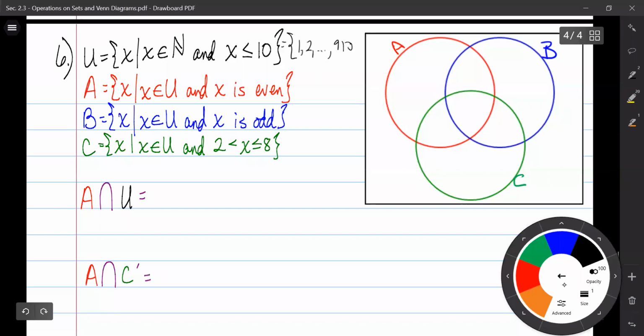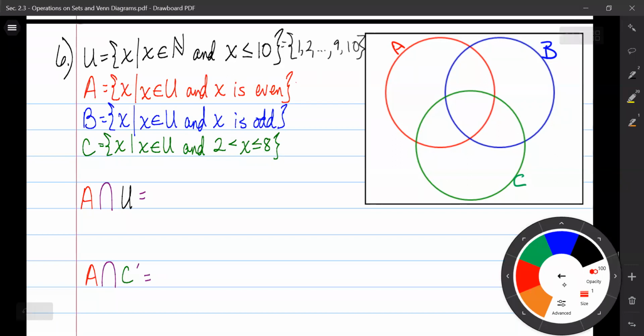Don't have a ton of room there, so I'm just gonna do it like this. And then A, B, and C are all gonna be subsets of that universal set. So A is all the evens, B is all the odds, and then C is everything from 2 to 8, but not including 2.